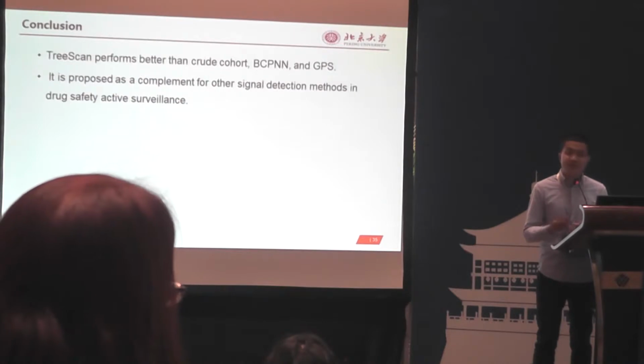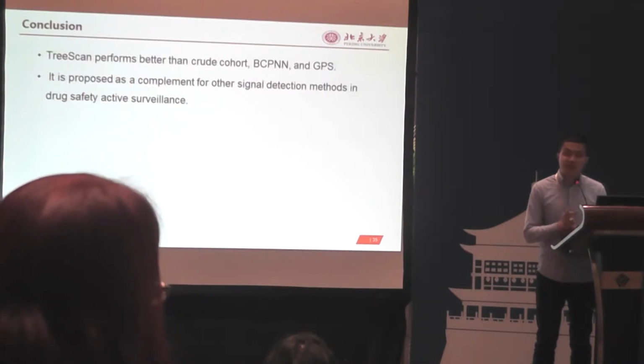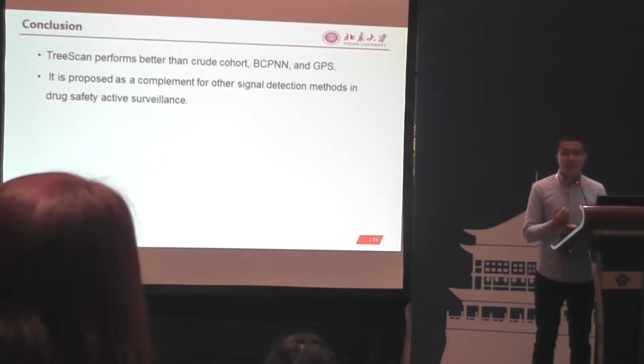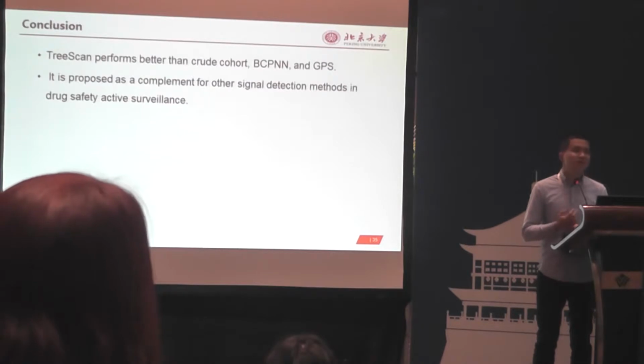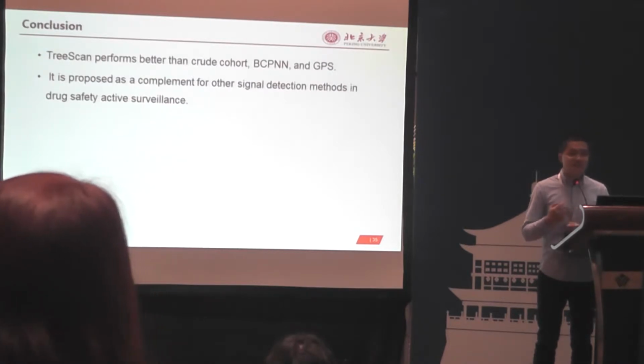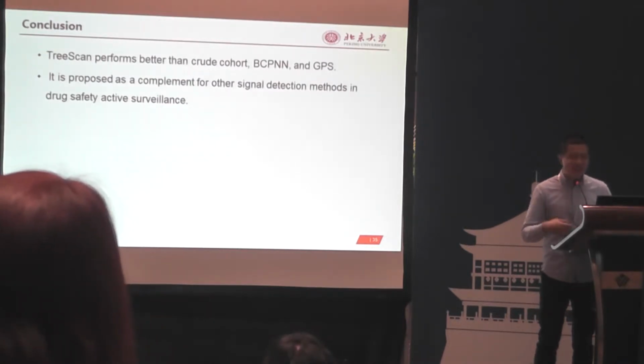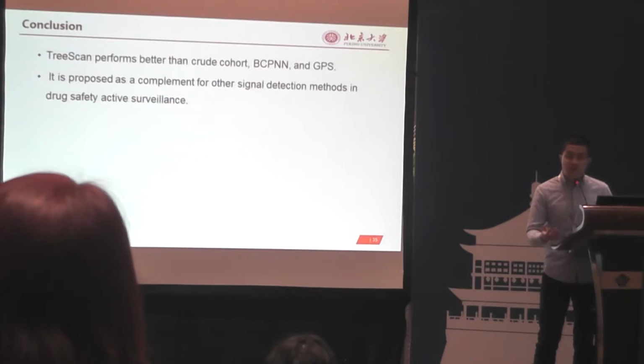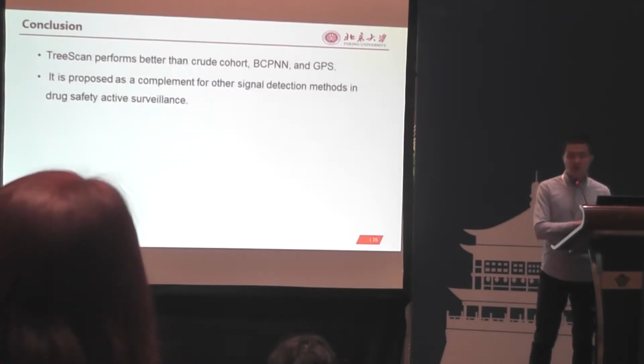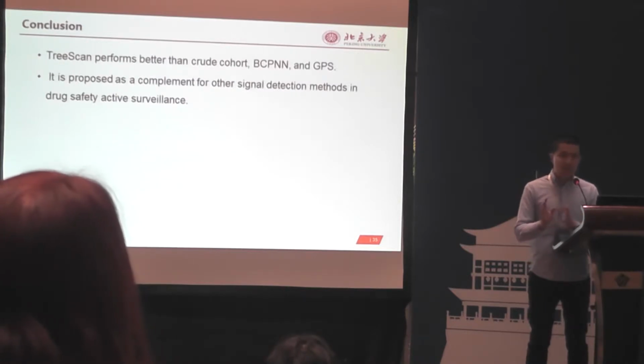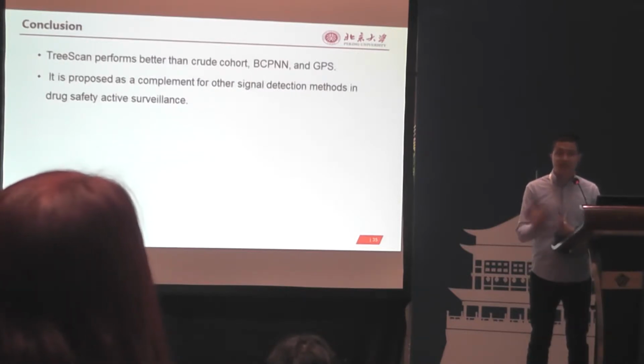We do the sensitivity analysis in two settings, like the new user design and also the propensity score matching cohort. Then we generate the signals of the methods in different settings, and we compare them all to the standard signals.